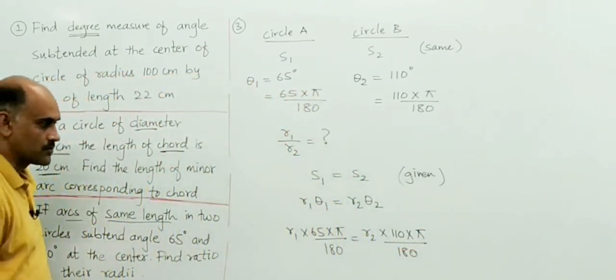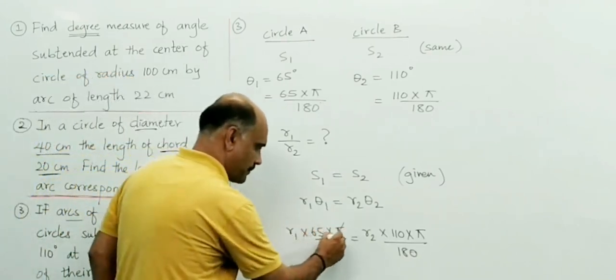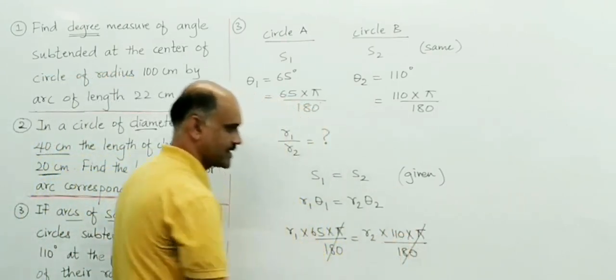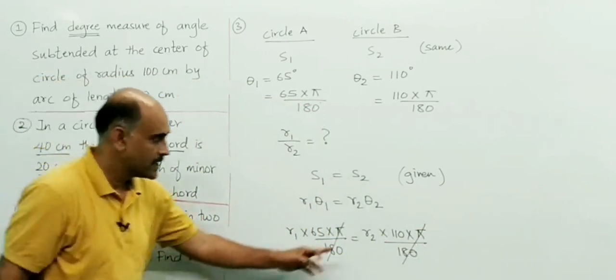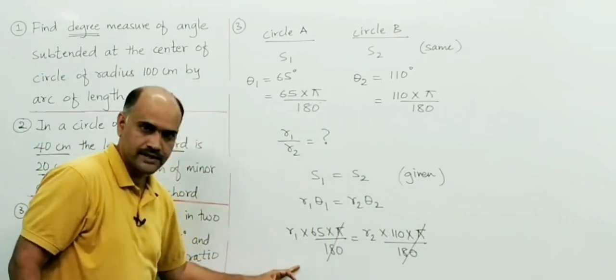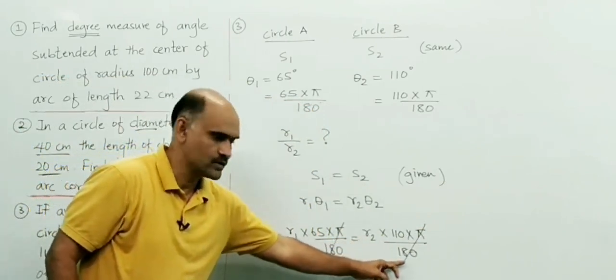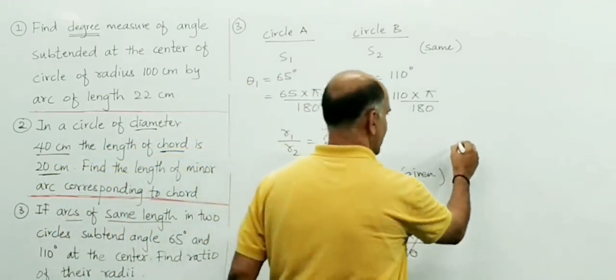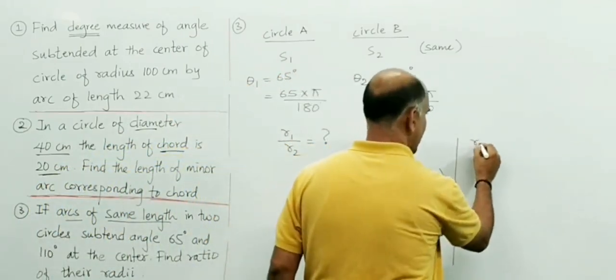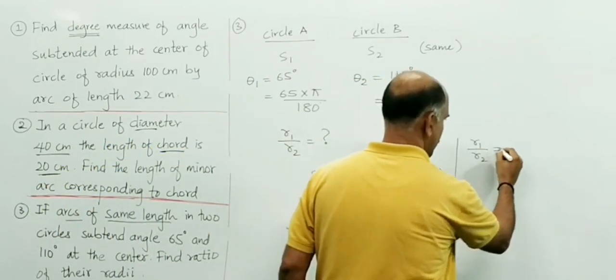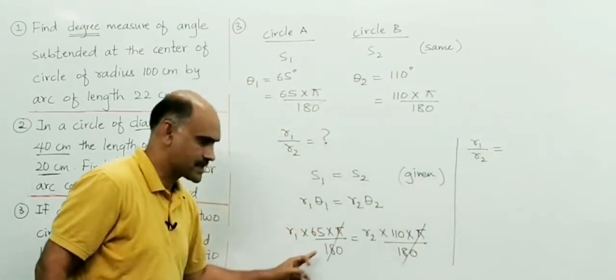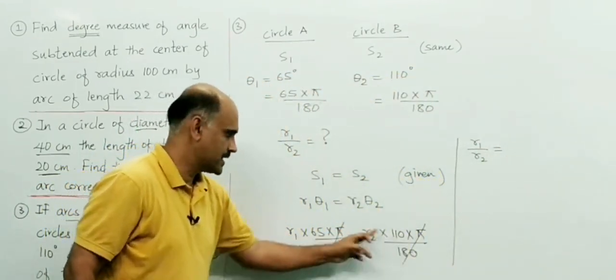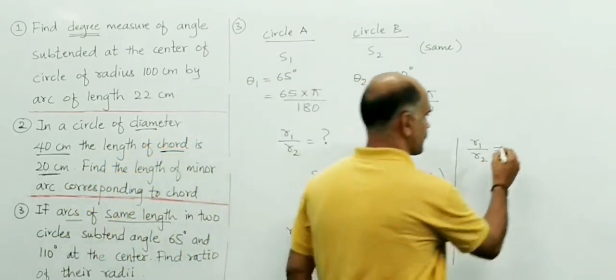So now both sides pi by 180 gets cancelled. Now I will take R2 to the denominator and 65 over this side to the denominator. So I will have R1 divided by R2, R2 I have taken to the denominator, 110 divided by 65.